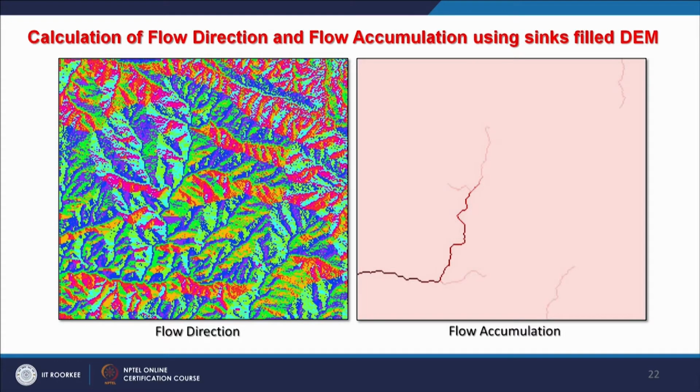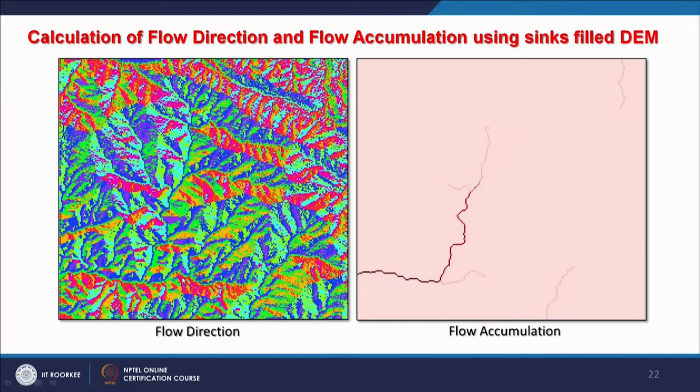And when we see it in the form of the same digital elevation model, a really large file instead of just cell based, as we have been seeing in the previous slide. Here is the DEM which we have taken as an example throughout this course, and the flow direction has been determined.